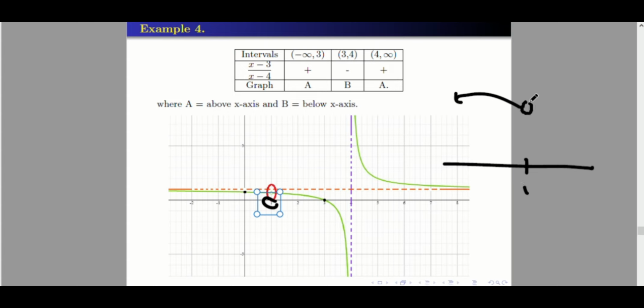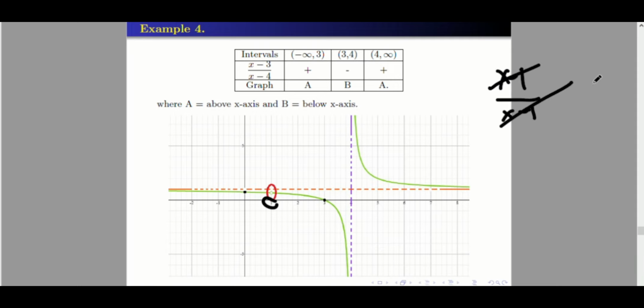So you just draw a hole and then proceed with the curve. Okay, just like this. Again, because positive 1 is not part of the domain, that is why we have a hole here. This is the cancelled factor, x minus 1 over x minus 1. We canceled that a while ago.